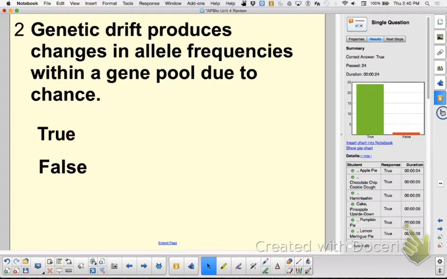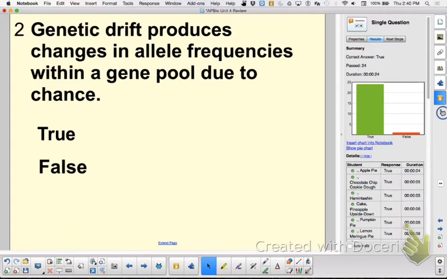What's the next one? Non-random mating. When you're purposely choosing, this is who I want to mate with. And what was the middle one? Mutations cause changes in allele frequencies. Movement, gene flow, either immigration or emigration, and then most of all was natural selection that led to what?